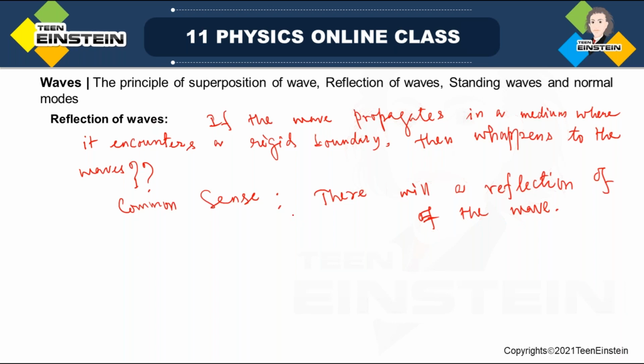I hope you have read in your 10th class the reflection of light. Light is also a wave, but we have read it in terms of ray optics. When there is a reflector, suppose a plane mirror, this is the perpendicular, and the light actually gets reflected. We'll see this in the 12th standard wave theory of light.